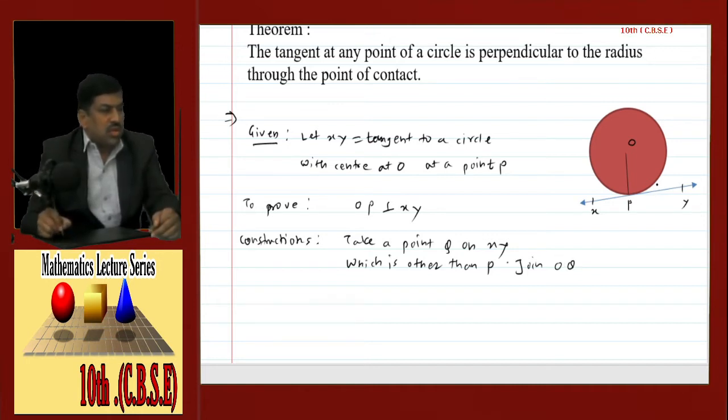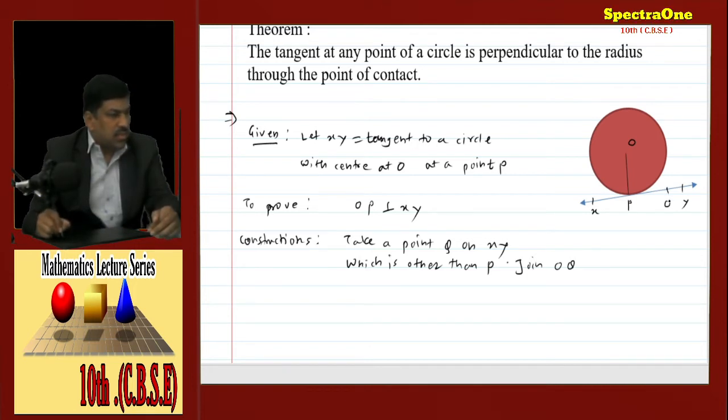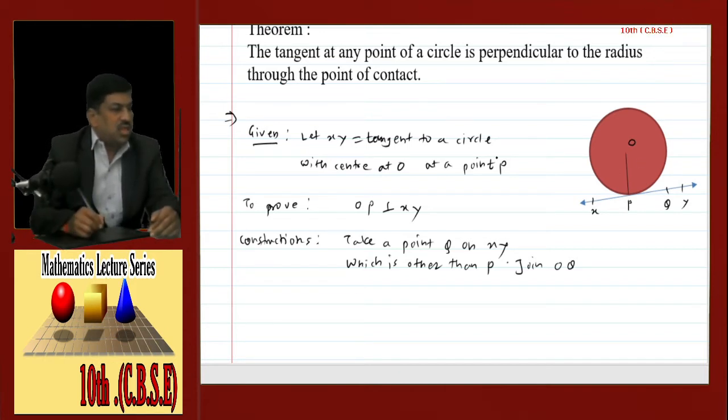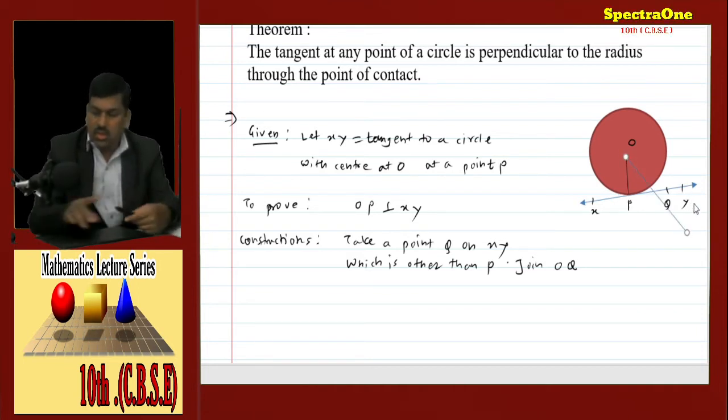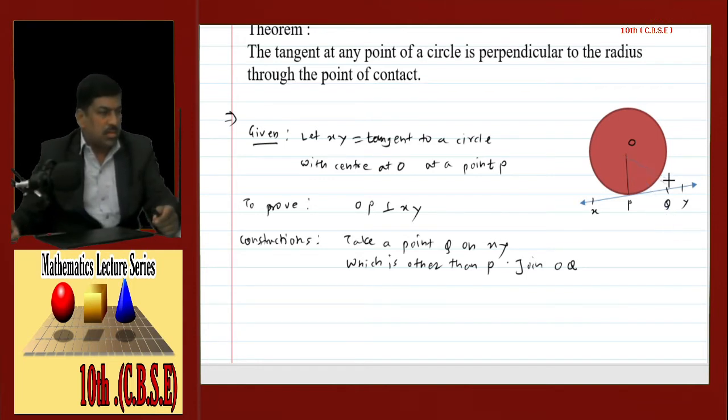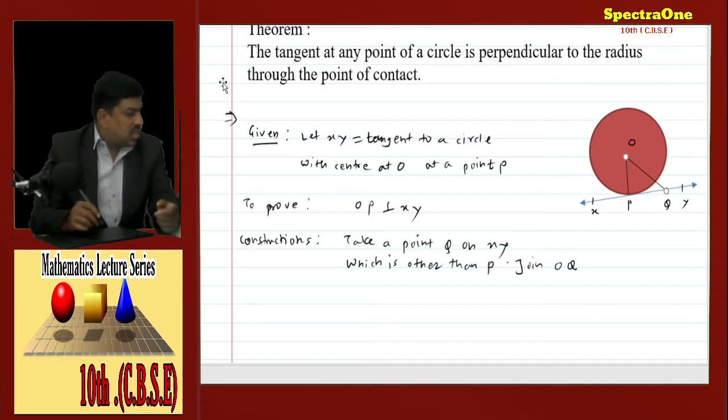Suppose this is the point Q, which is present on XY and which is other than P. And let us join O and Q. So we have joined this. This is the construction.